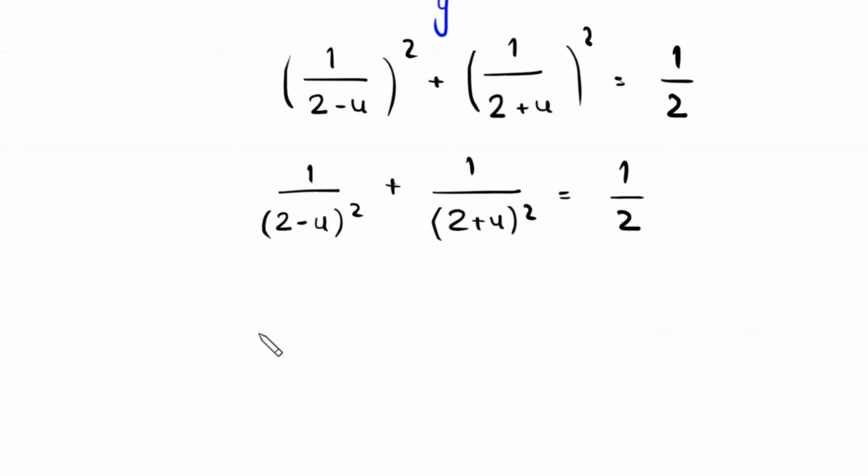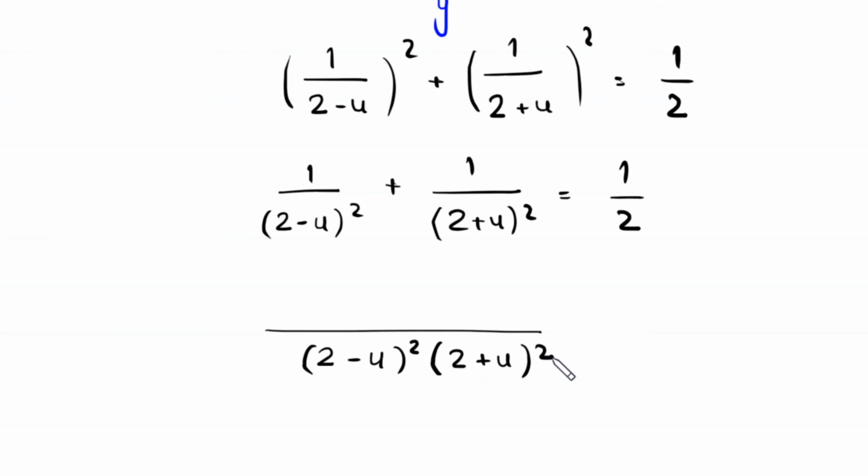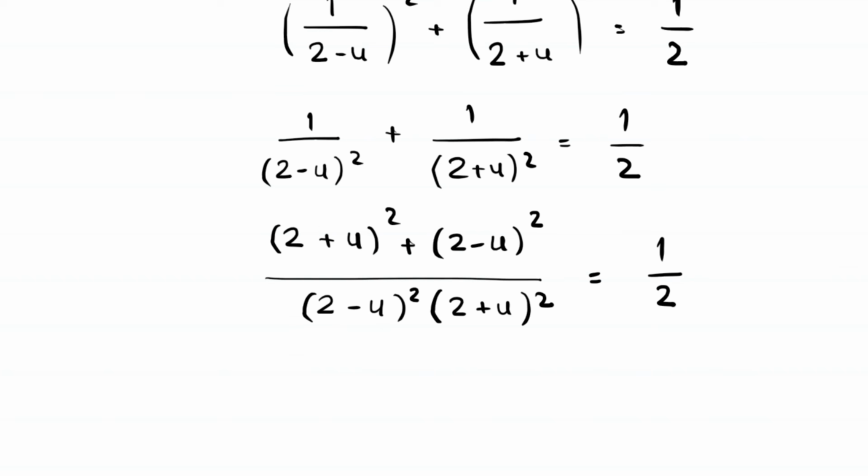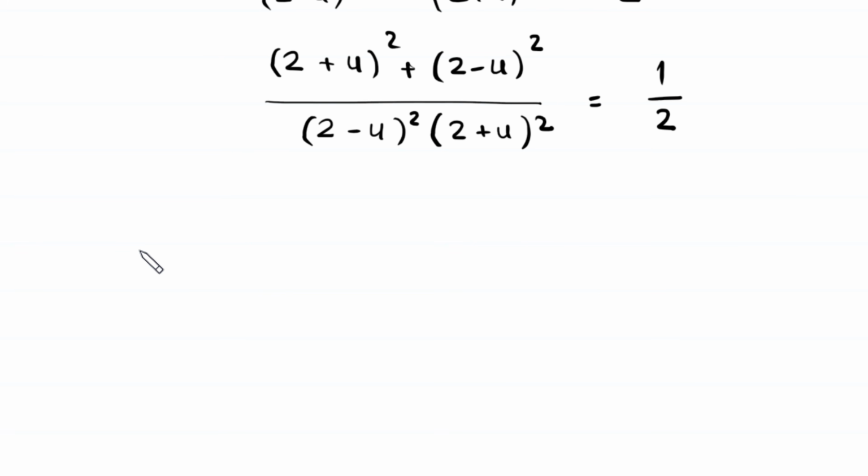And we write the common denominator. The common denominator is (2 minus u) whole squared times (2 plus u) whole squared. So this will become (2 plus u) whole squared plus (2 minus u) whole squared equal to 1/2. Expand this (2 plus u) whole squared.